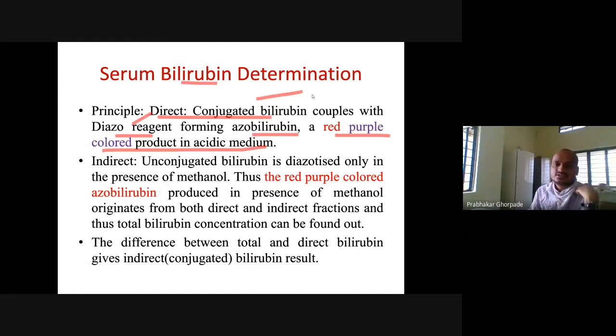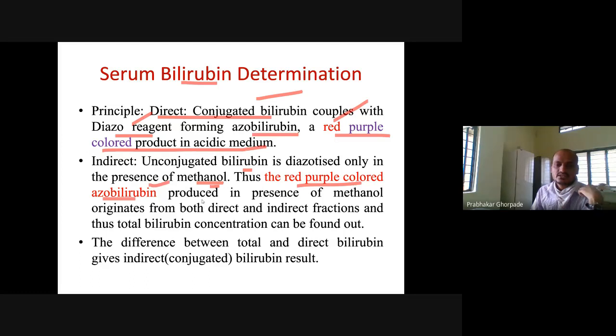If you want to see the conjugated form, it combines with the diazo reagent and we get azobilirubin, a reddish-purple color formed in the acidic medium. Unconjugated bilirubin is diazotized only in the presence of methanol. So unconjugated bilirubin can combine with the diazo reagent only when methanol is present, and the red-purple azobilirubin can form here.